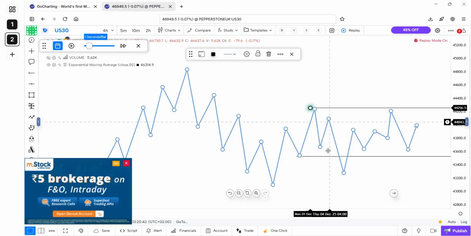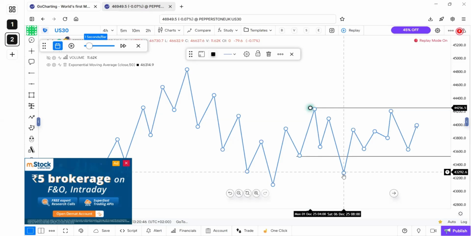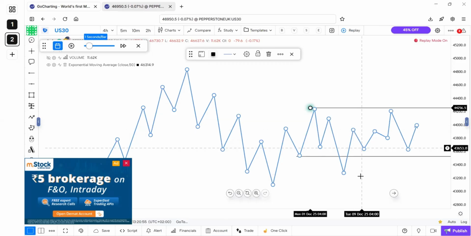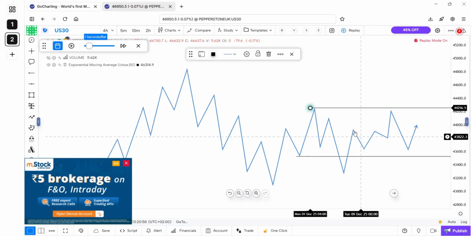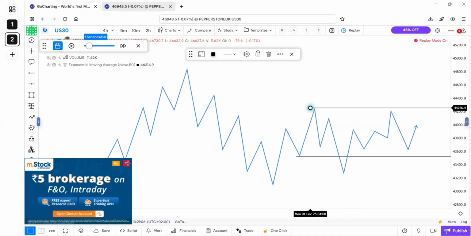Obviously, when it broke this one, it didn't create a lower high, hence it failed. You can see it turned here. It was a potential lower high, but it failed to break the lower lows. So you couldn't just enter off of here. You need extra confirmation, which we will get into, but I'm just showing you what the market structure is.